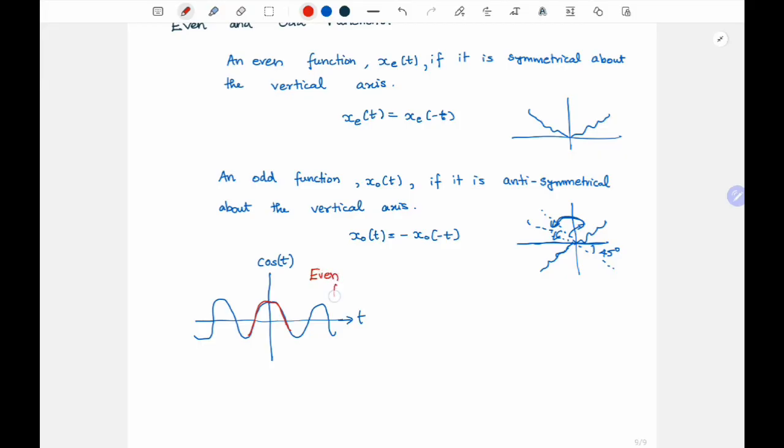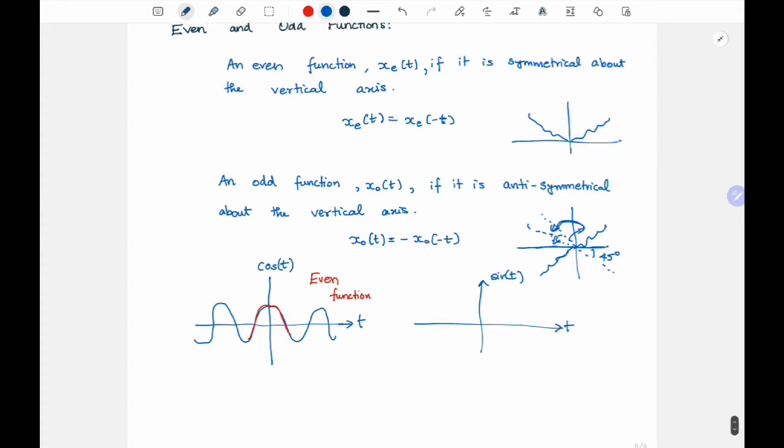On the other hand, if you take a sine function, sine t, then what do you have? Whatever is going this side, it is actually going in the negative direction on the other side. Correct? And everywhere. So it is an odd function.